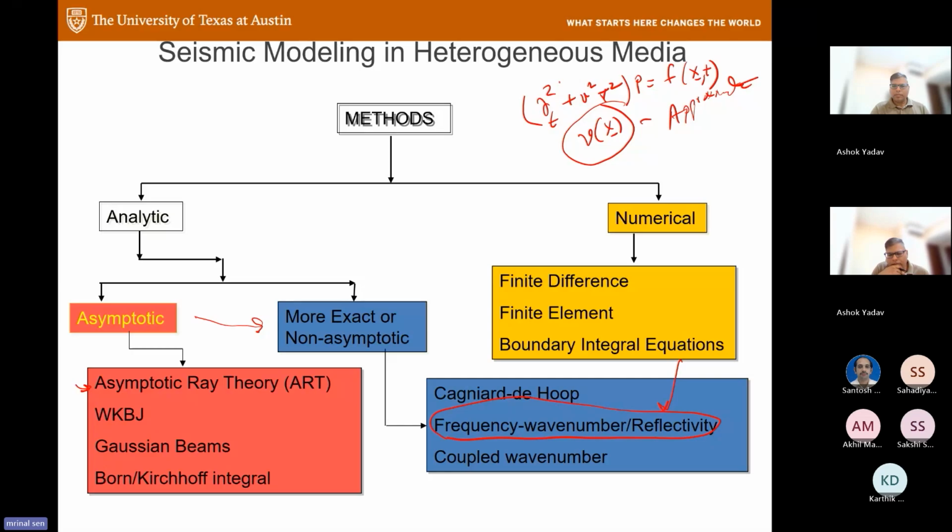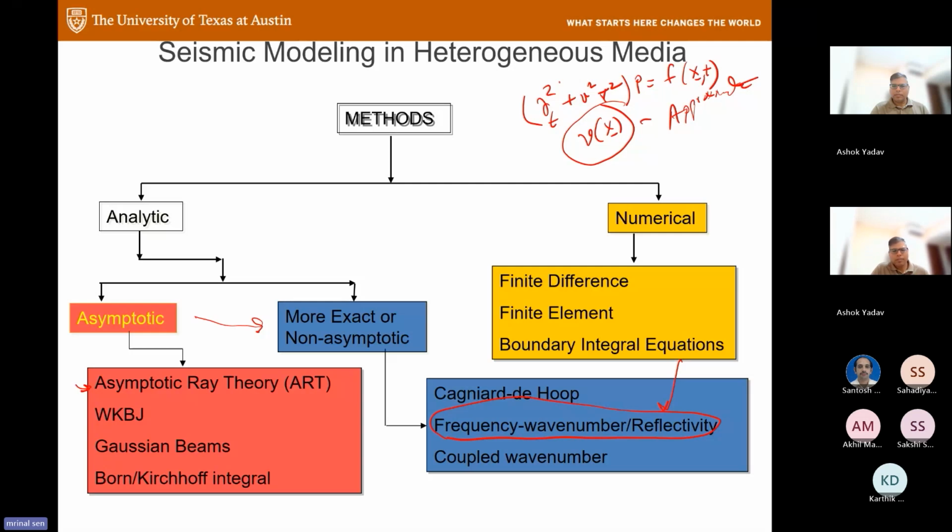And then pure numerical methods. Pure numerical methods basically allow you to keep the heterogeneity in the medium and then solve the wave equation numerically.